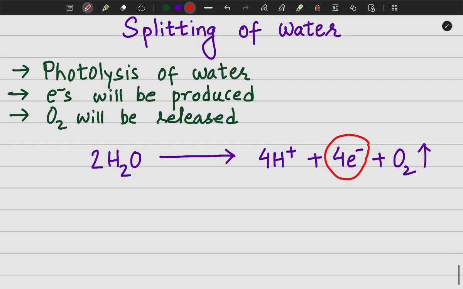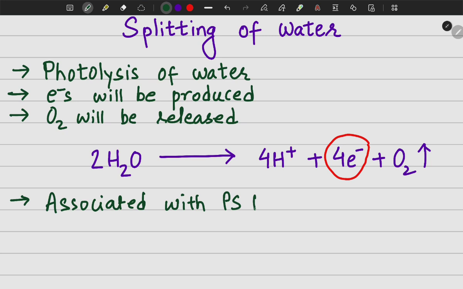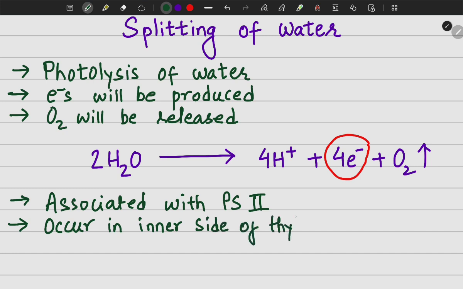So let us write down these two important points: photolysis of water is associated with photosystem 2 only, and it occurs in the inner side of the thylakoid membrane.